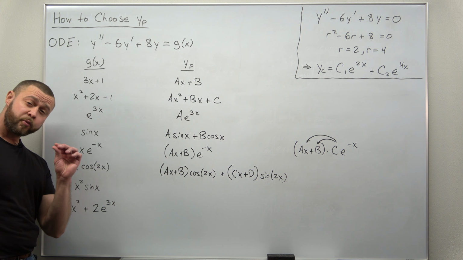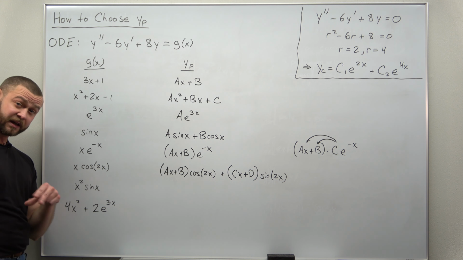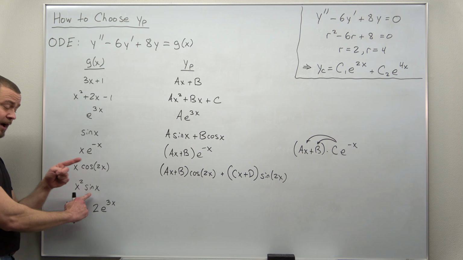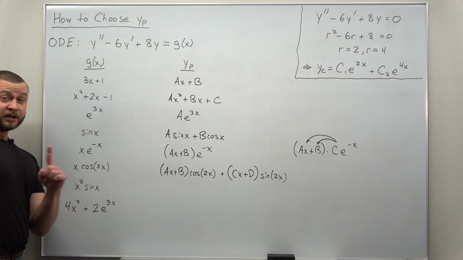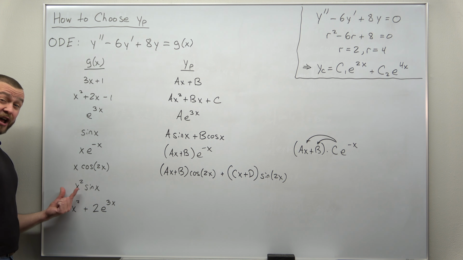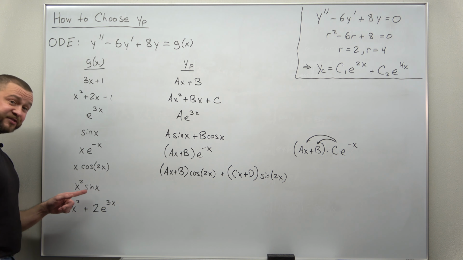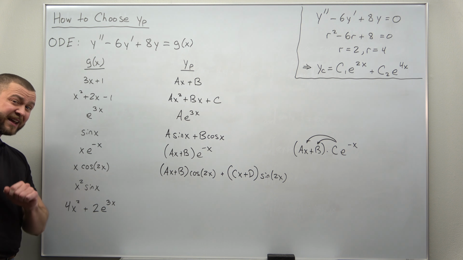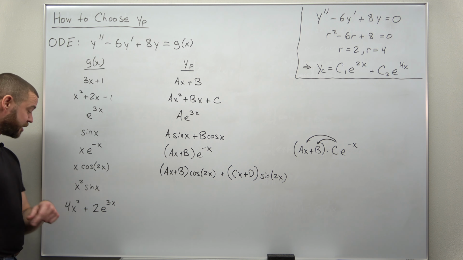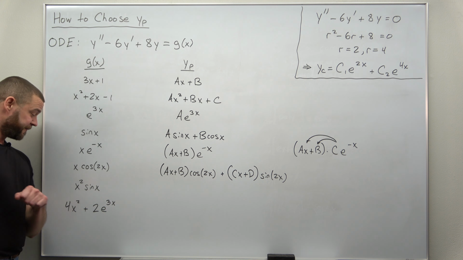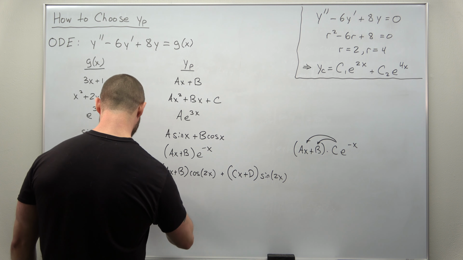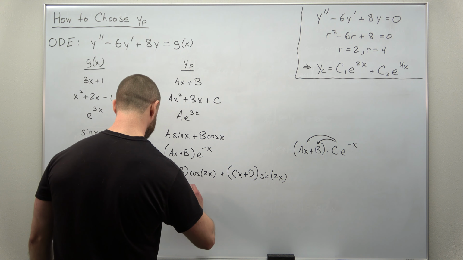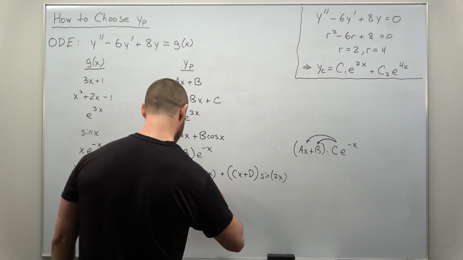All right, you're probably starting to get a sense for this and see the patterns here. Here we have a degree 2 polynomial times a sine function. So we generalize that and have a general degree 2 polynomial times sine, and then a similar version times cosine. We get a lot of constants here, a lot of undetermined coefficients. Writing down the first term, a degree 2 polynomial would look like ax squared plus bx plus c times sine of x.